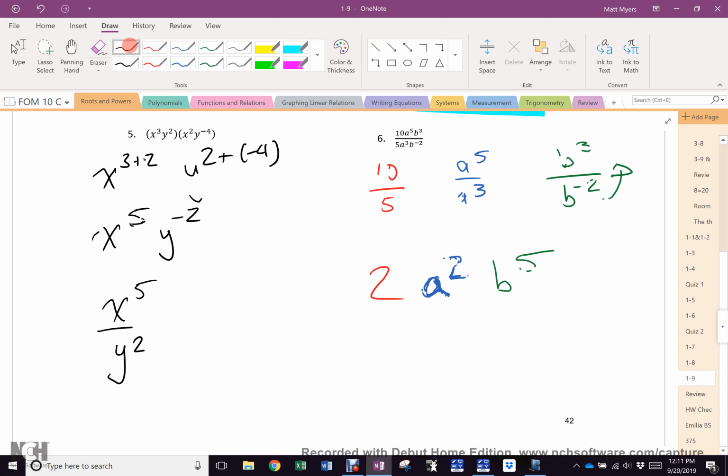It'll be a positive 2. Nice job. Good. Would anybody like to give me their answer to number 6? 6 is a little snaky. Pardeep. 2a to the 5th. Absolutely right. Yay!